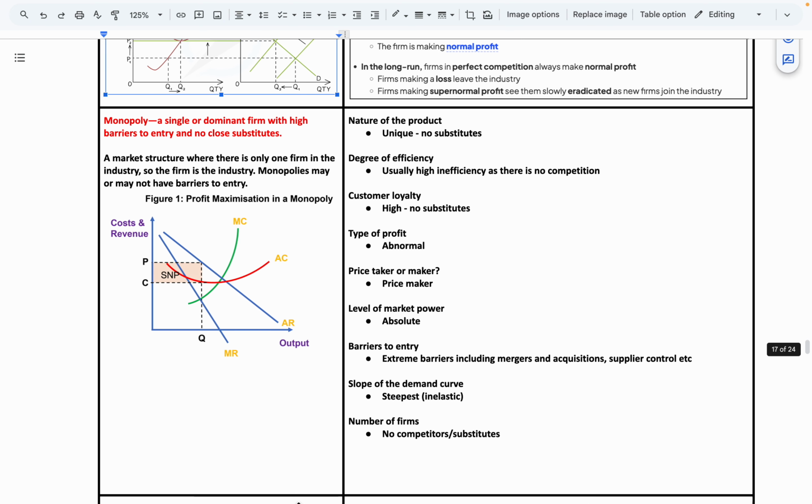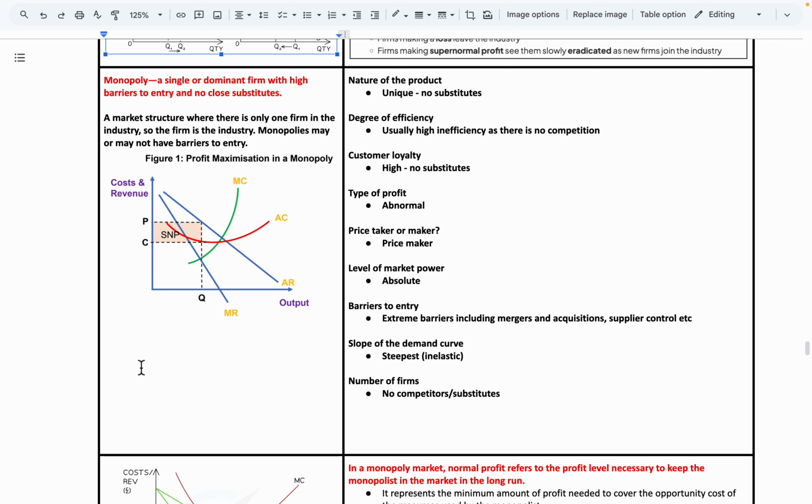Okay, so a monopoly. This is a single or dominant firm with high barriers to entry and no close substitutes. Nature of the product: it's unique. Degree of efficiency: really high. Customer loyalty: high. Type of profit: abnormal. Price maker or price taker? Price maker, they set the price themselves.